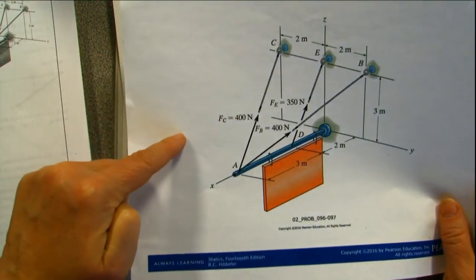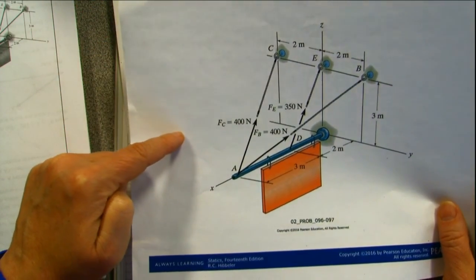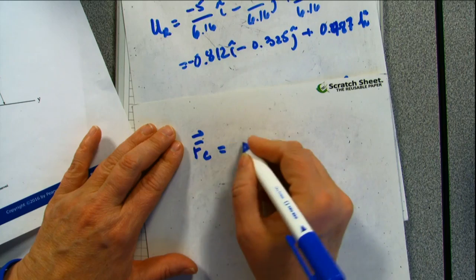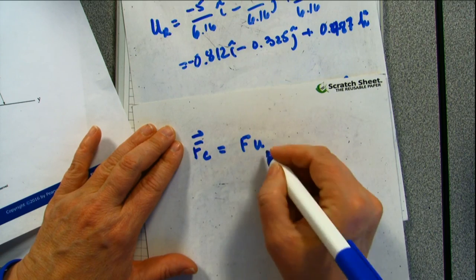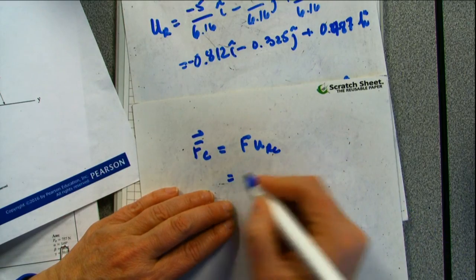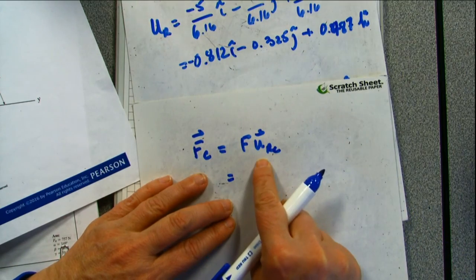So now I can write F of C with all its gory directions, right? Because vector FC equals F times unit vector r, because that's what we figured out, and this is r along the C direction. That's where my vector is.